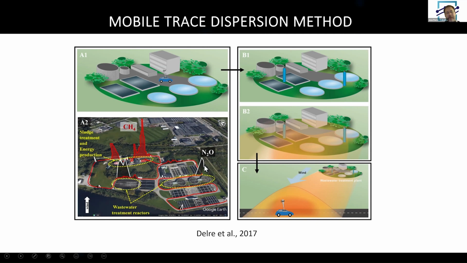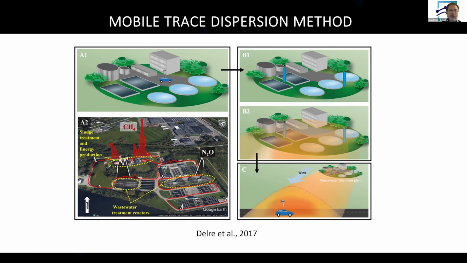But the other thing is what we can do is combine our tools. So we can be calculating or predicting what the N2O emissions are in each of the reactors, and then be using mobile trace dispersion measurements to verify that the total from each of the reactors equals what is actually measured for the whole site for the same period in time.